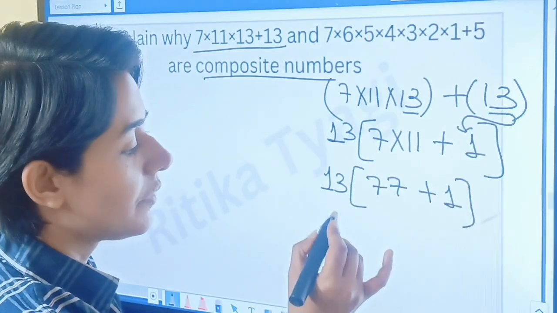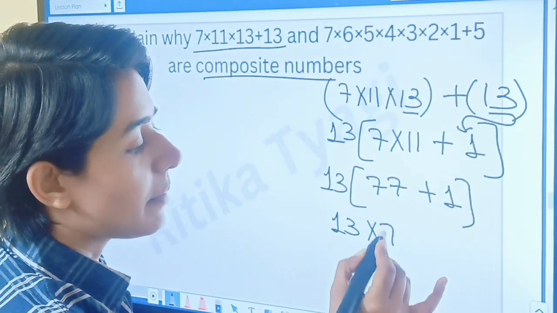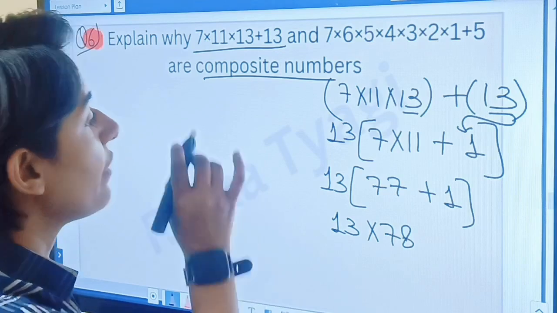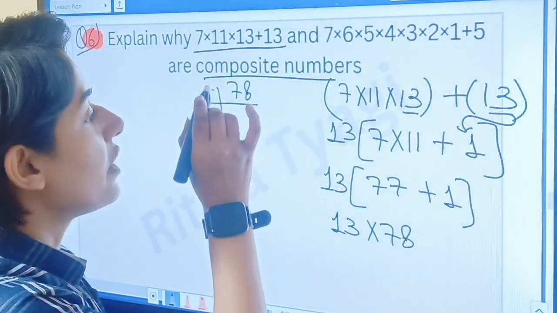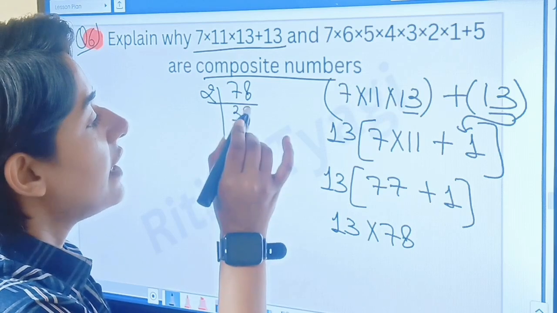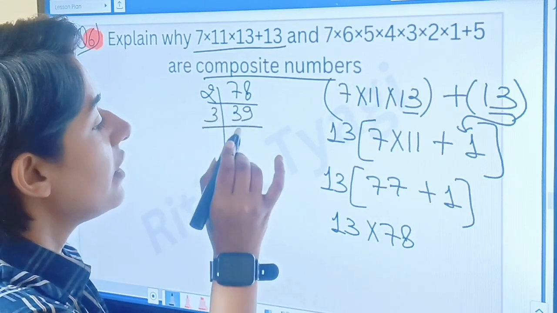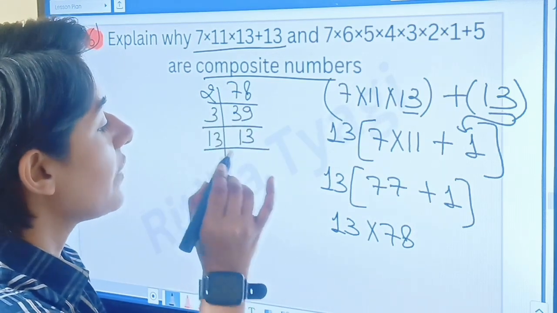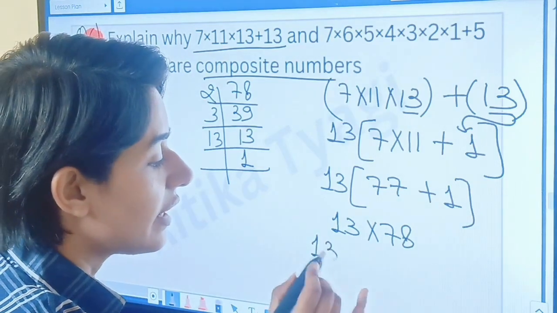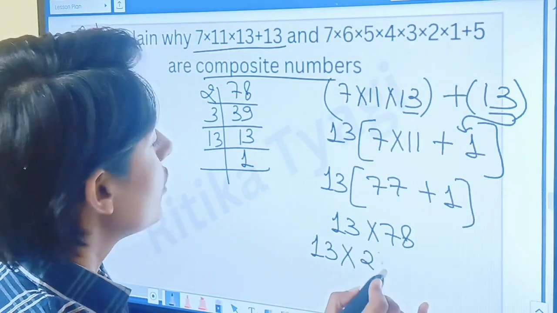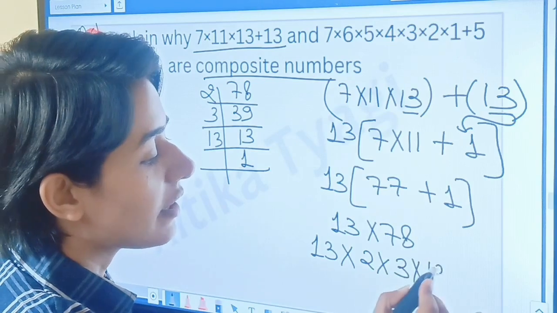77 plus 1 and we get 13 multiply 78. We can also factorize 78 as 78 is an even number, so divisible by 2, and we get 39. 39 is an odd number, divisible by 3. We get 13 and 13 is a prime number, divisible by itself. So here we can write 78 as 2 multiply 3 multiply 13.